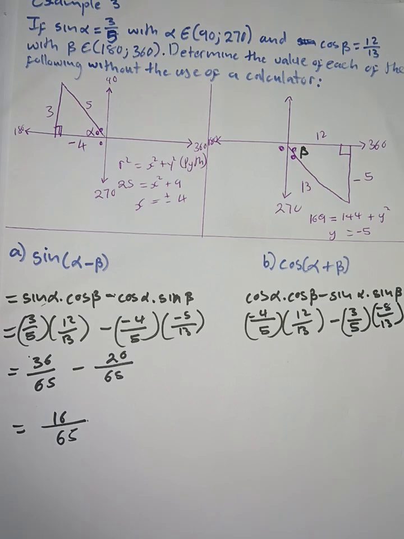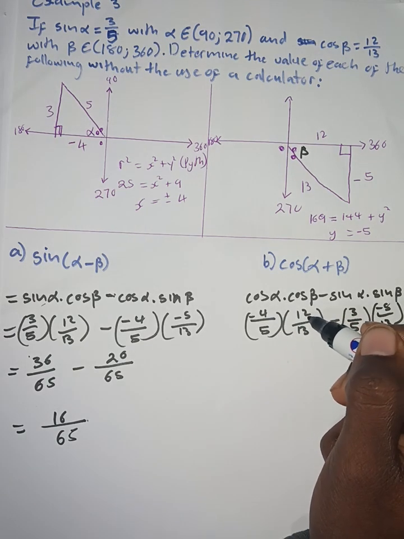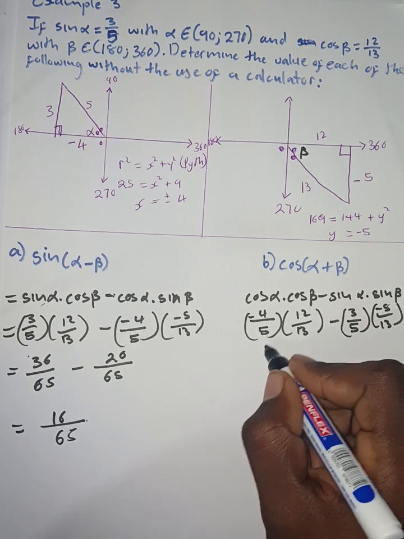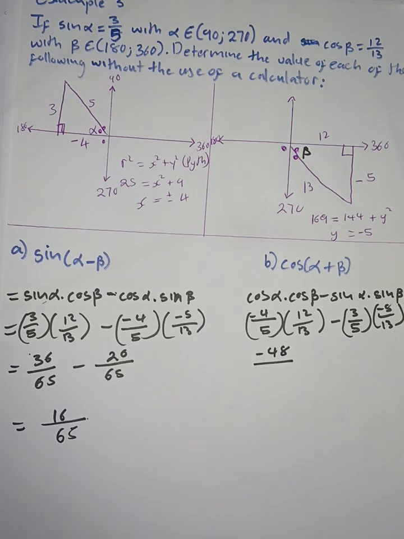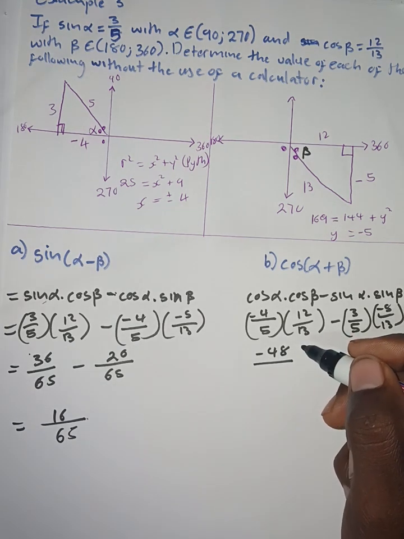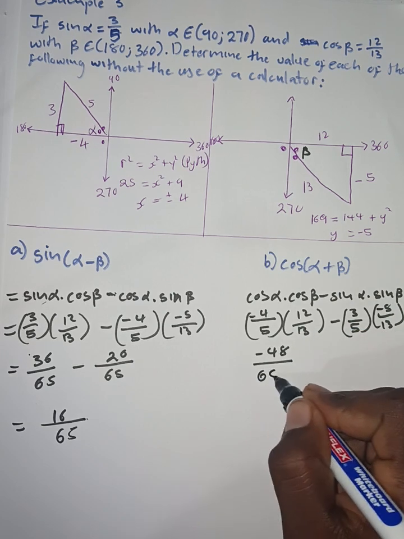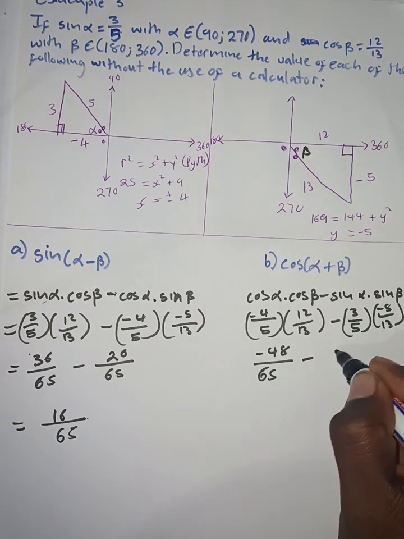And from that step, we know that 4 multiplied by 12 would be 48. So this would be negative 48 over 5 multiplied by 13, which would be 65, minus, of course, this would be 15.